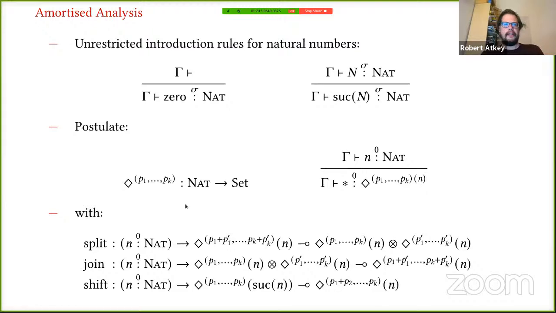And then, rather than the programmer being at the mercy of some inference engine, we can give the programmer the ability to do the diamond trading themselves. So they can take a bunch of diamonds and split them up, take a bunch of diamonds and join them together, and shift the diamonds like this. So we've got some diamonds for successor of n, then we get this shift operation to get the diamonds for n.